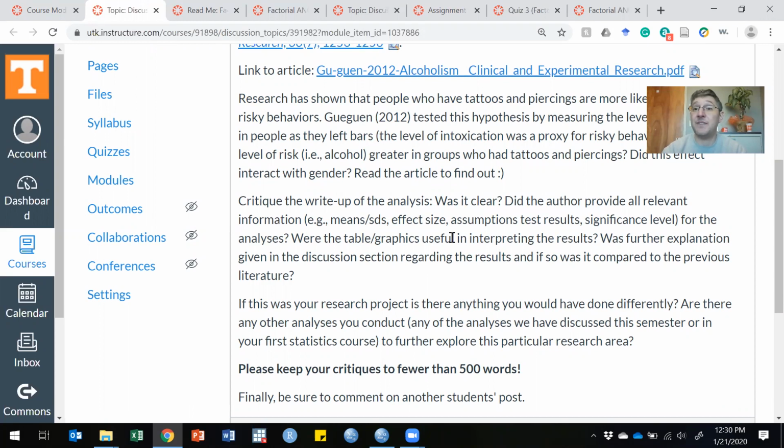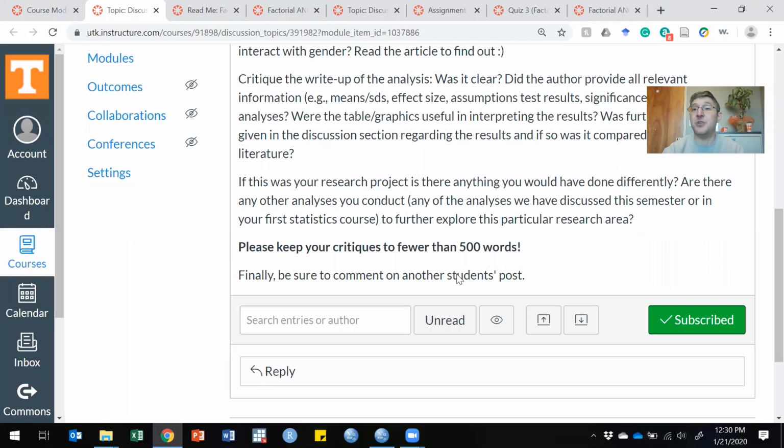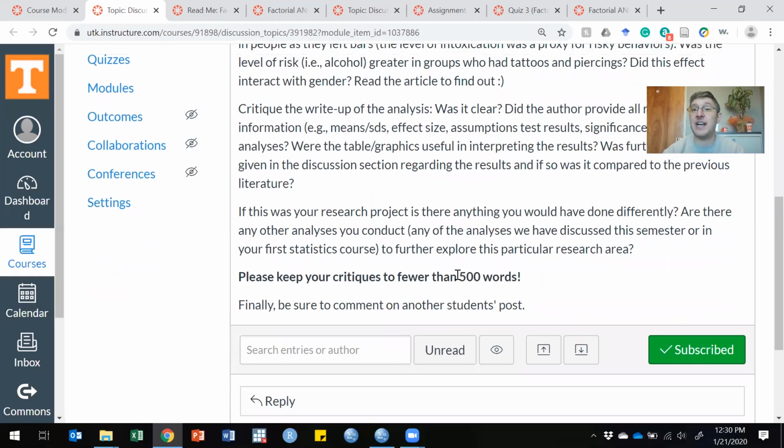Were tables or graphics used in the analysis? Were they useful in helping you interpret the results? Did the authors provide further explanation of the results in the discussion section? Is there anything you would have done differently? Any other analysis you may have conducted to explore this area?